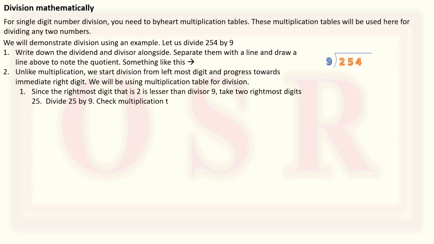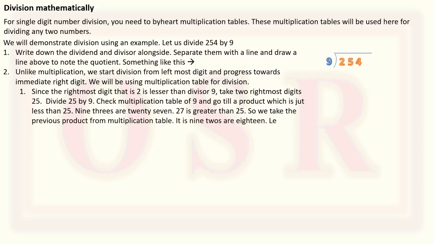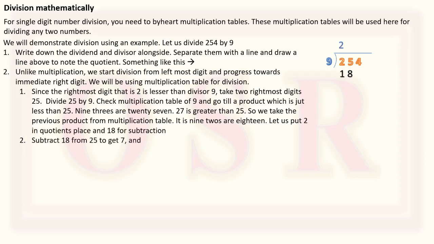Divide 25 by 9, check multiplication of 9 and go till a product which is just less than 25. 9 3s are 27. 27 is greater than 25, so we take the previous product from the multiplication table. It is 9 2s are 18. Let us put 2 in the quotient's place and 18 for subtraction, like this. Now subtract 18 from 25 to get 7 and write down the digit 7 below 18.